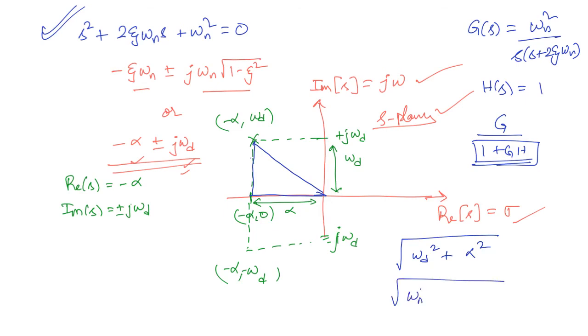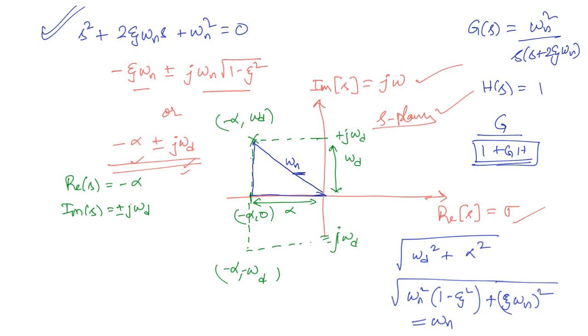It is omega n square into 1 minus zeta square, plus zeta omega n whole square. Okay, so this if you simplify you will get omega n. That means the length of the hypotenuse is omega n. So the distance of the root from the origin is given as omega n.